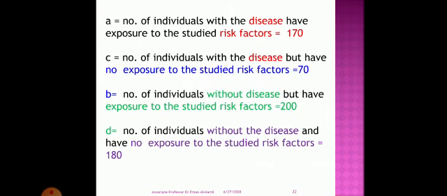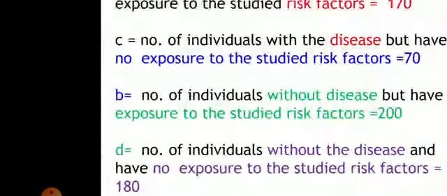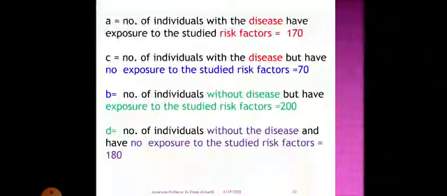C: they are individuals who have the disease but no risk factor. B: they are controls without the disease but whose parents are smokers. While D: they have no disease and their parents are not smokers.